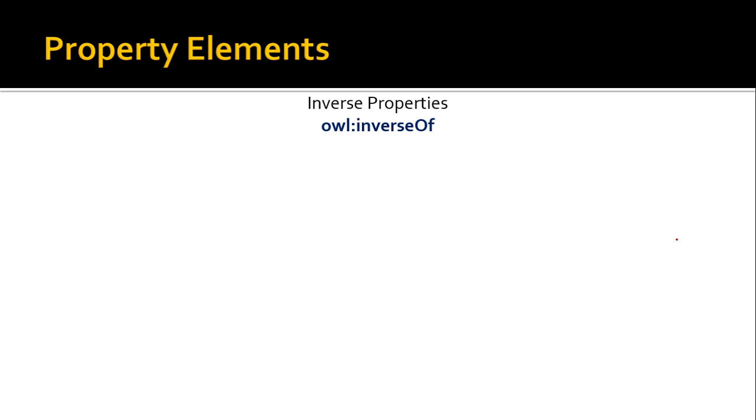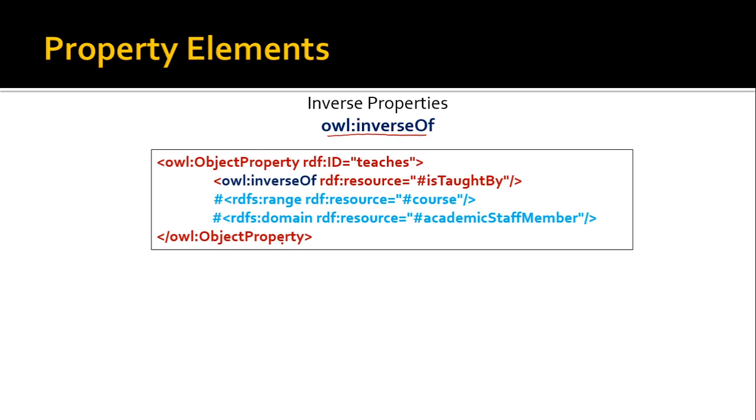Now we can define the inverse of properties in OWL. That would be done by using this particular construct, which is OWL inverse of, right? We are trying to represent the fact that teaches, which is a new property to us. Assume that we have already talked about is taught by. We are defining this property to be the inverse of is taught by.